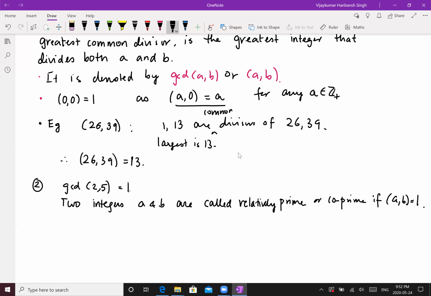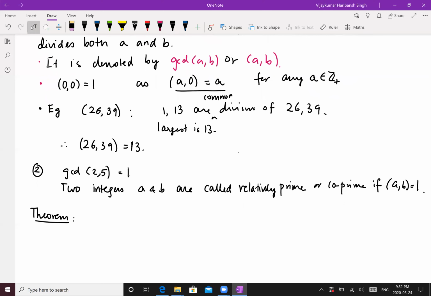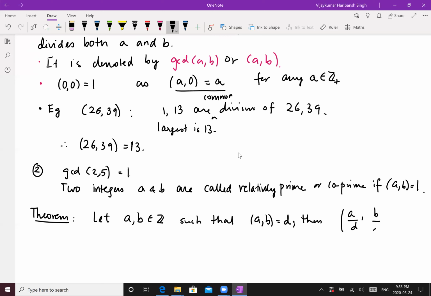But before that, let's have some characterization of GCD. Theorem: let A and B belong to Z such that GCD of A and B equals D. Then A by D is an integer because D divides A, and similarly B by D is an integer.